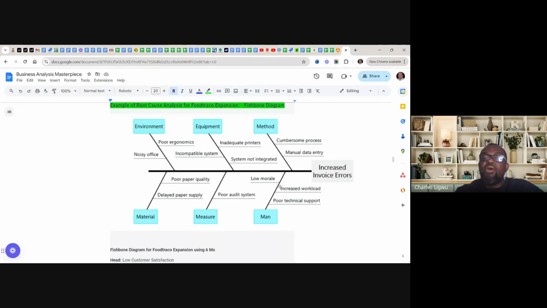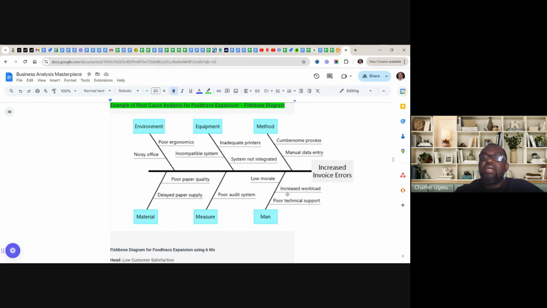Under the people working here, what could be the problem is low morale. The staff doing this job have low morale. Could be they are owed salary. Could be the pay is poor, but the staff is not motivated. That could be number one, causing a lot of errors in his or her job.